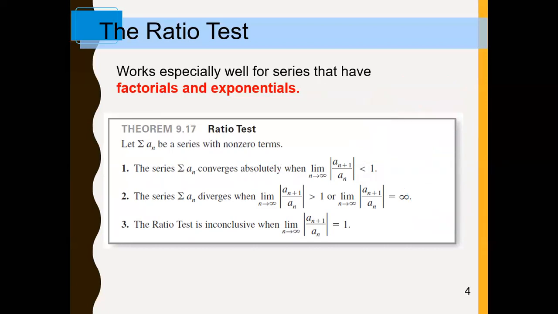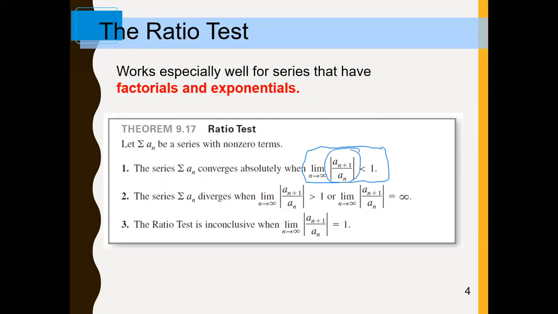And the series diverges if the limit is bigger than 1 or the limit is infinity. But come on, are you kidding me? If the limit is bigger than 1, what is that telling you about the terms? They're actually getting bigger, which is just ridiculous. Does that make sense? The terms are getting bigger, of course the thing is going to diverge, right? So first, if the limit of the ratio, by the way, you're taking absolute values here, okay?